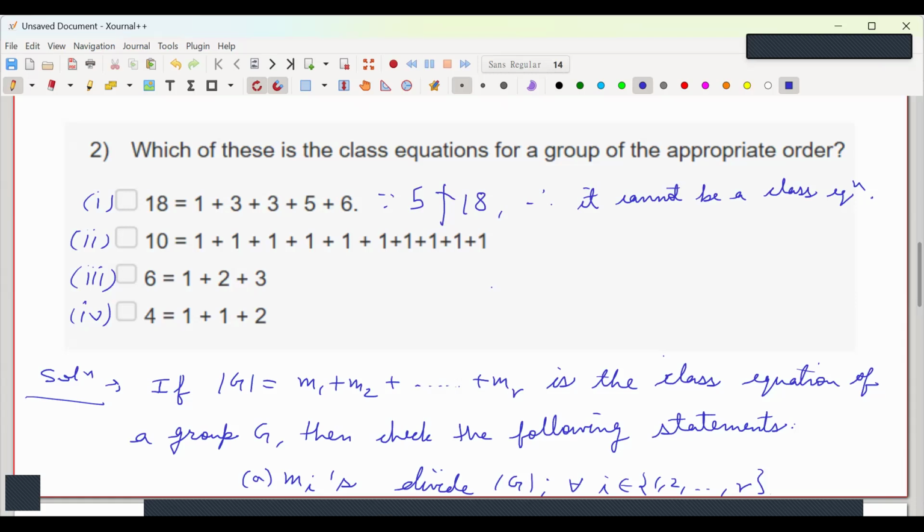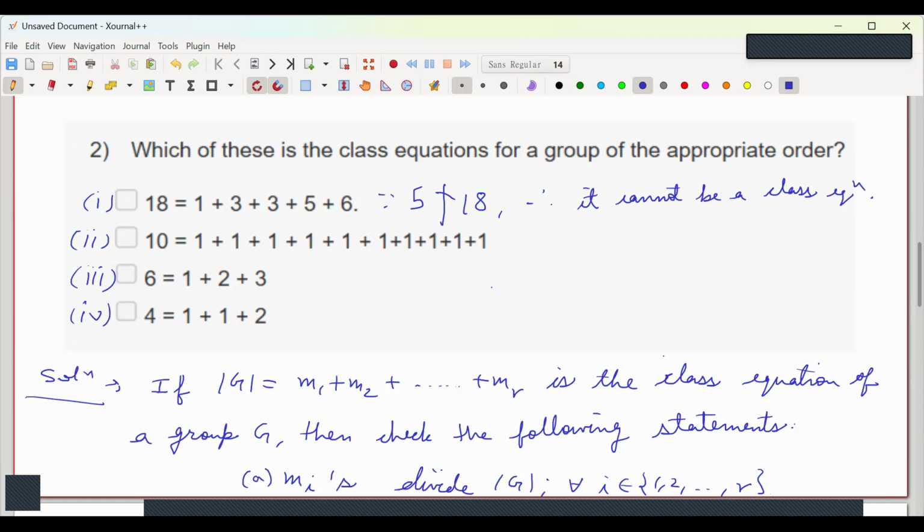And how many ones are there? 10, right? So everything is abelian, so everything has a singleton conjugacy class. So this can be a possibility.